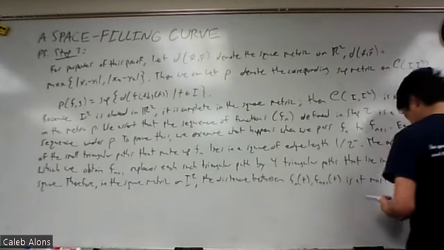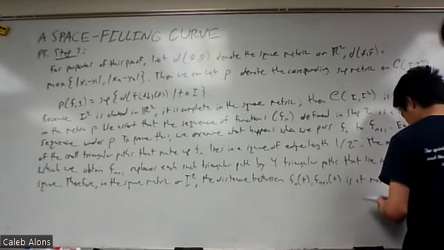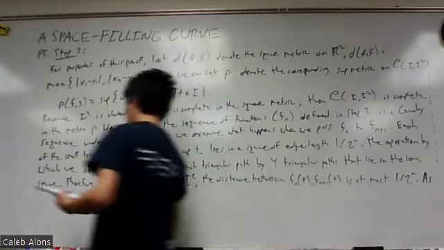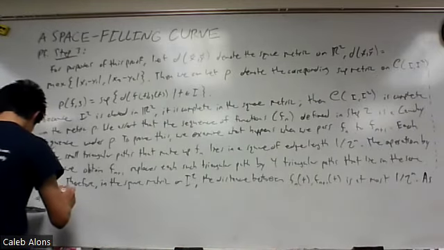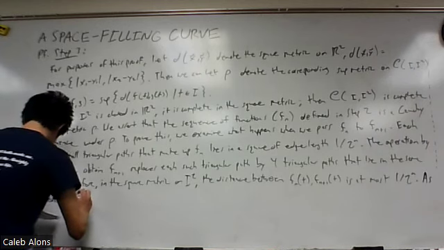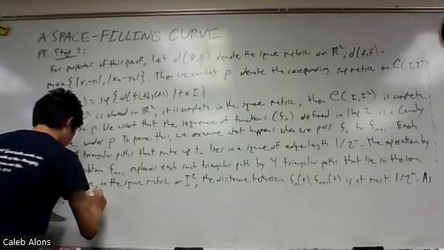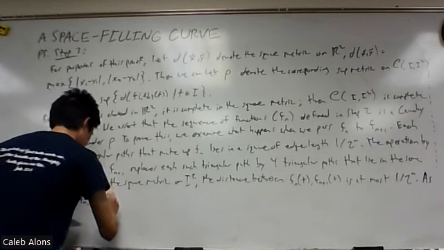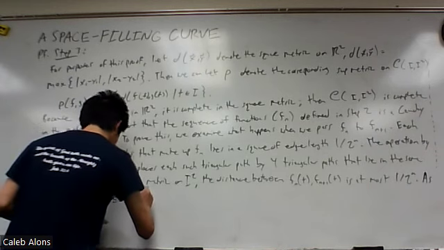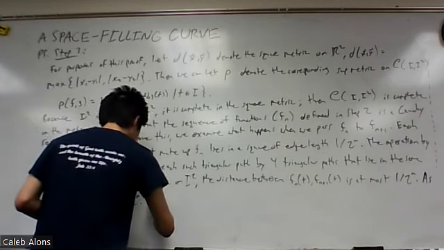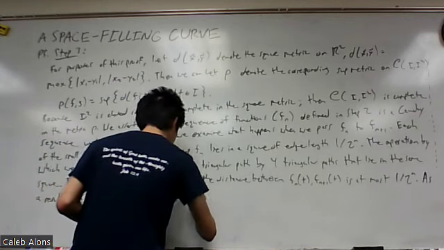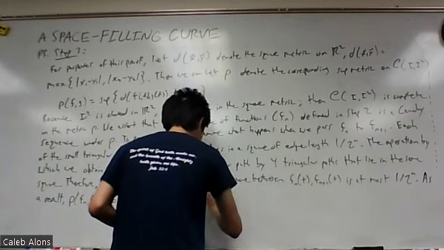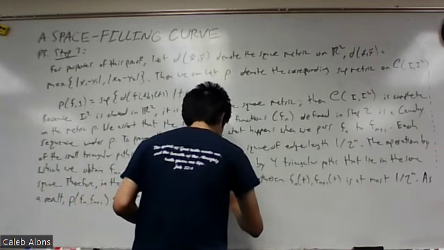So as a result, the distance between fn and fn plus 1 is always going to be less than or equal to 1 over 2 to the n. And it follows that this sequence then is a Cauchy sequence.